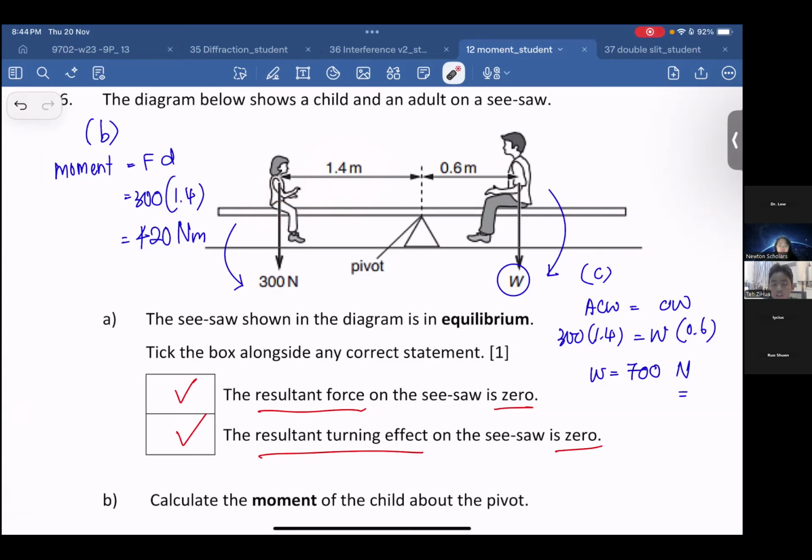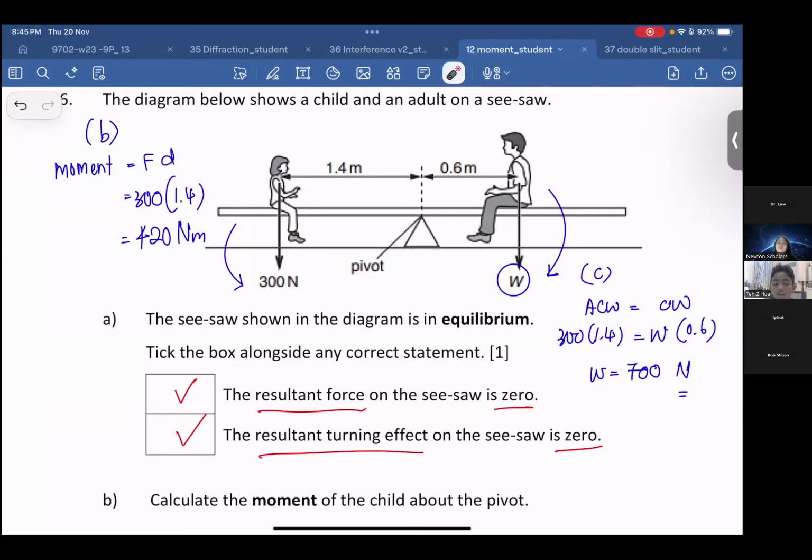Any of you? If the child moves further away, the child's turning force. Not turning force, it's not force. The child's force doesn't change.